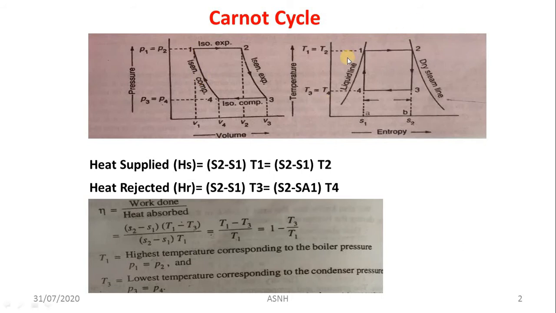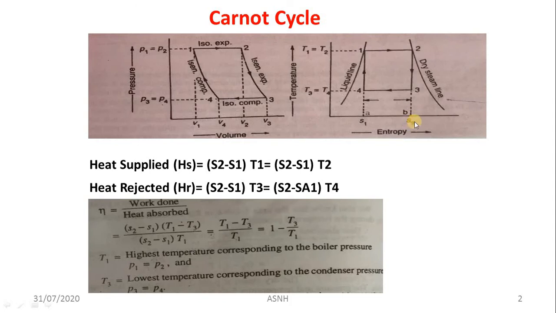Here in the TS diagram, you will get an idea about the process. Again, process 1-2 is nothing but the heat addition process at constant temperature. Process 2-3 is related with the isentropic expansion process. In an isentropic process, entropy S remains constant, so you can write S2 is equal to S3.